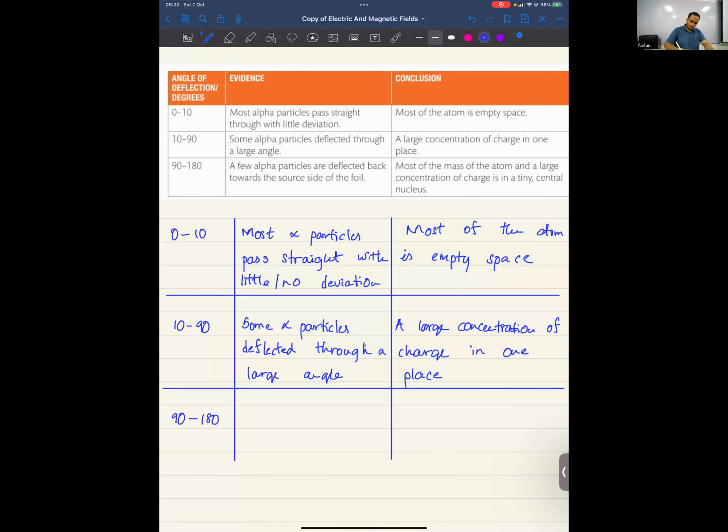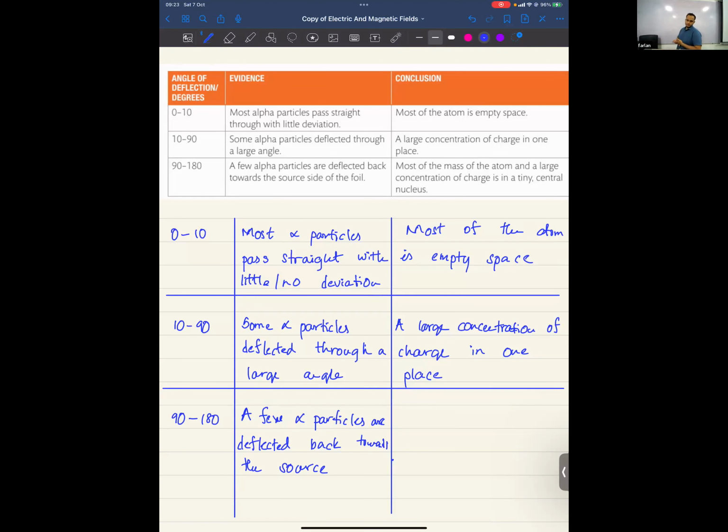The evidence is a few alpha particles are deflected back towards the source.